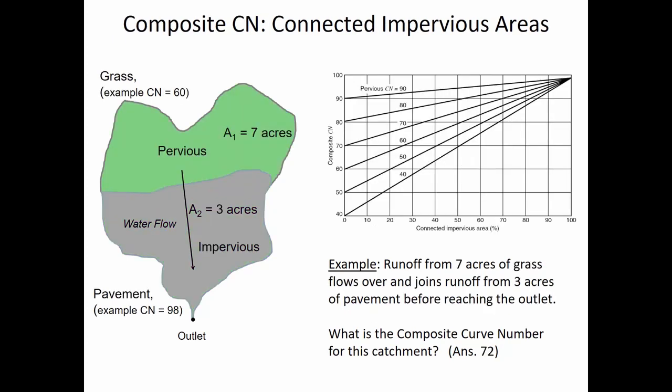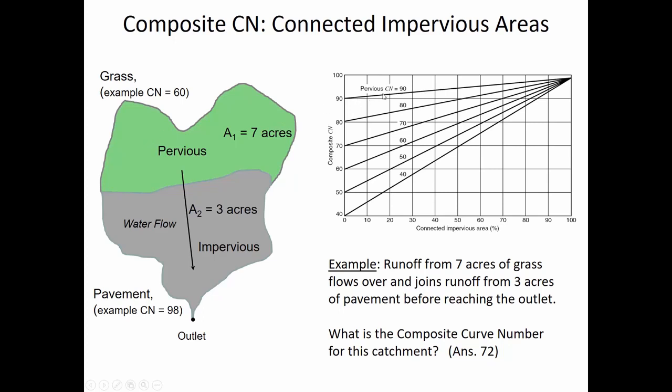So in this first example, we could either calculate the weighted average or we could use this nomograph. And so let's just see if we can figure out how to use this nomograph. We have a total of 30% that's impervious, and it's directly connected to the outlet. So if 3 out of 10 acres total is impervious, then we can follow here on the x-axis, find the 30%, and then go up to the line that represents the curve number of the pervious area.